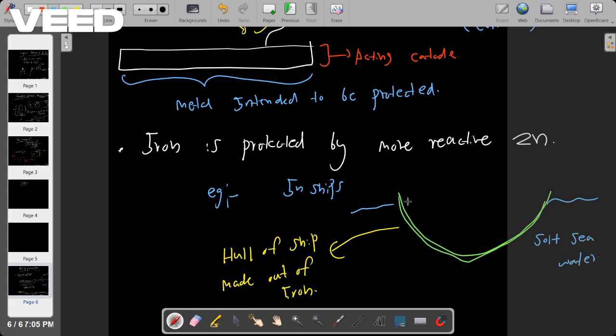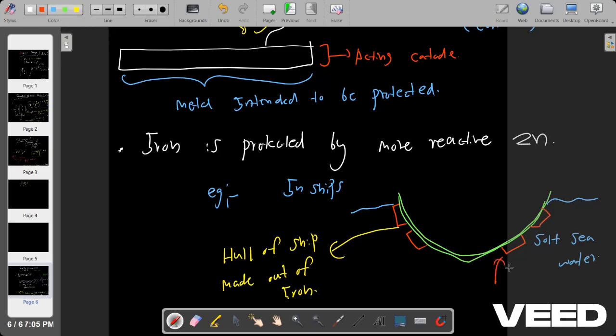Now, even if you try to paint it, it still gets touched and damaged, and it is still being corroded. Therefore, what they do is they attach zinc blocks outside, zinc blocks as anodes.